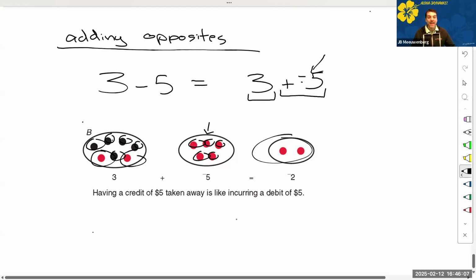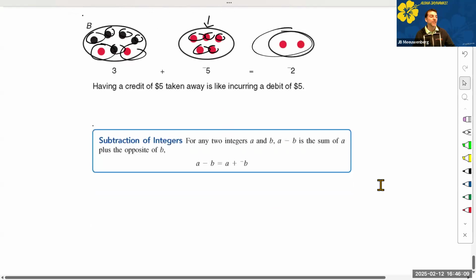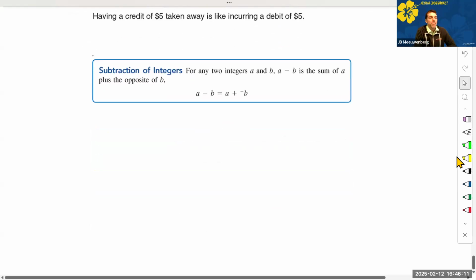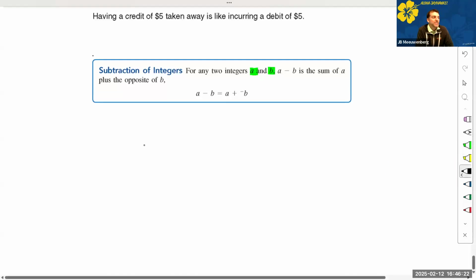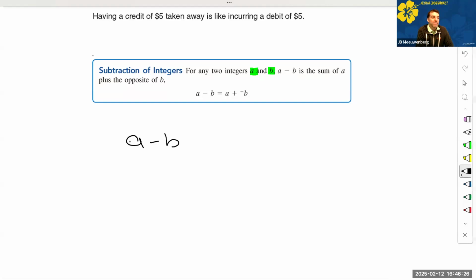And actually, that's how we often define subtraction of integers. Take a minute to review this definition. For any two integers, a and b, it doesn't say positive, it just says any two integers. A minus b, meaning you're subtracting them. Again, they might be positive, they might be negative.